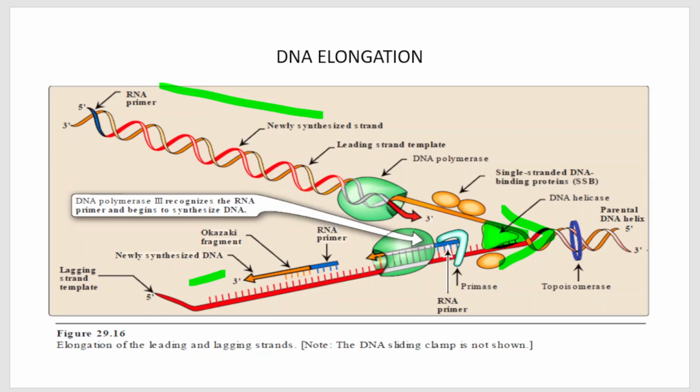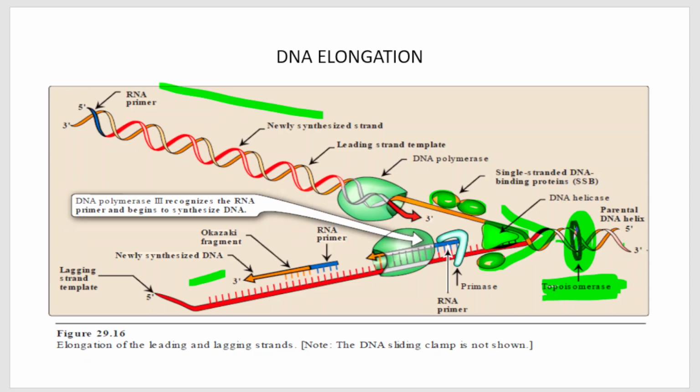DNA helicase will start unwinding the parental DNA, and the single stranded binding proteins will help separate these DNA strands. As the unwinding happens, supercoils can be created, so you have to release these supercoils with the help of the enzyme topoisomerase.